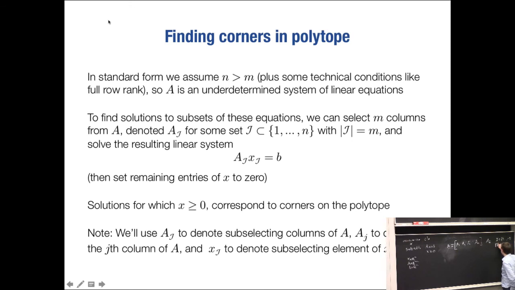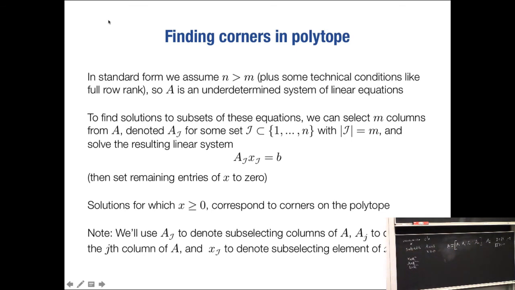So the size of script I is m. When I say A subscript I, I'm selecting m columns of my A matrix. So this is going to be a square matrix where I've subselected m columns of my matrix.